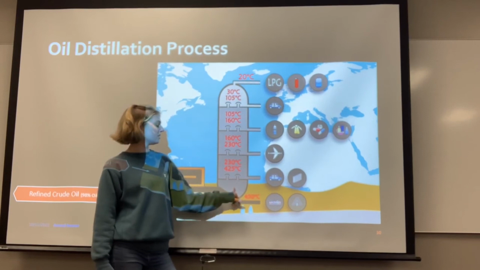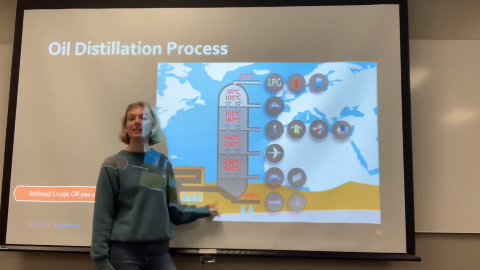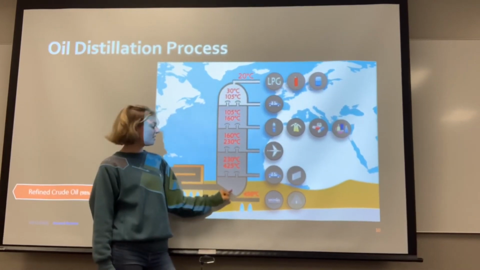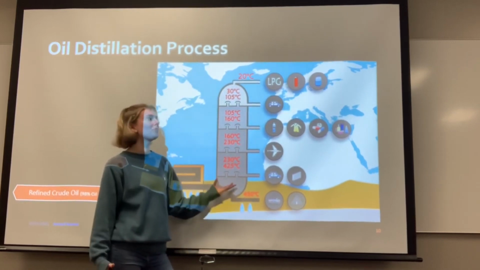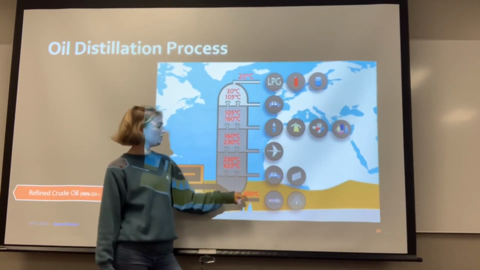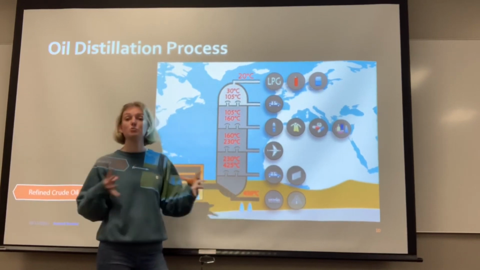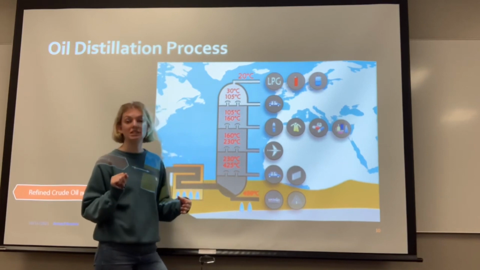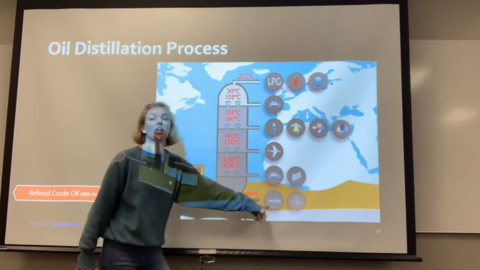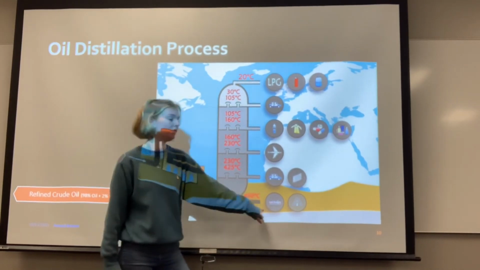where once it leaves the furnace, the vapor cools, and at about 450 degrees, the large molecules with a high intermolecular force become liquid because their boiling point is so high. So that's how we get the heavy oil.